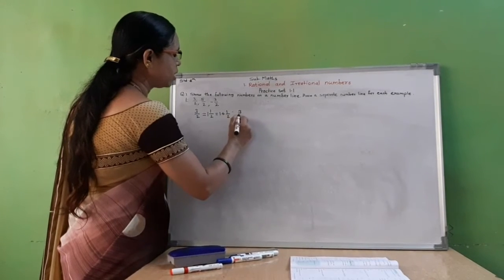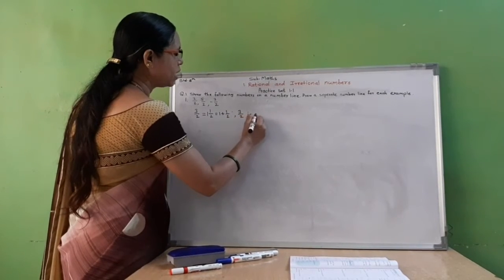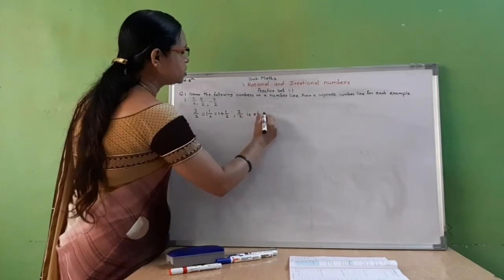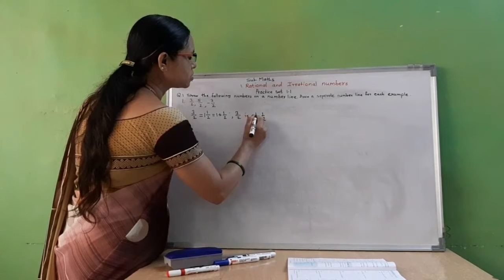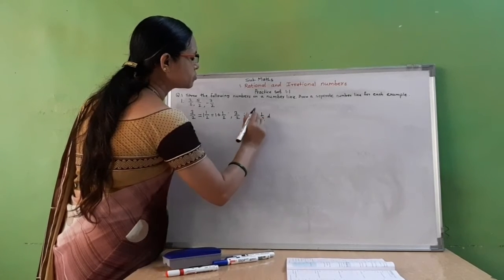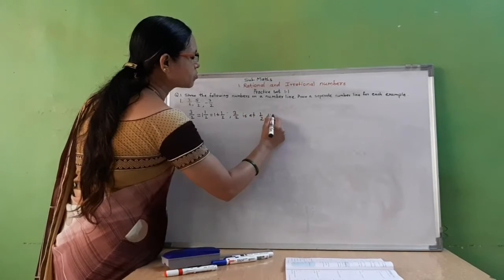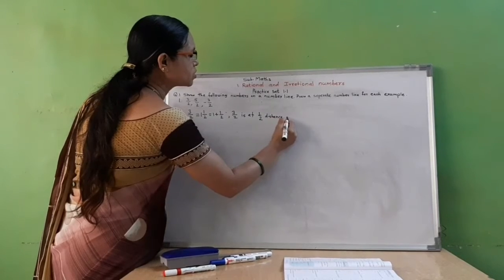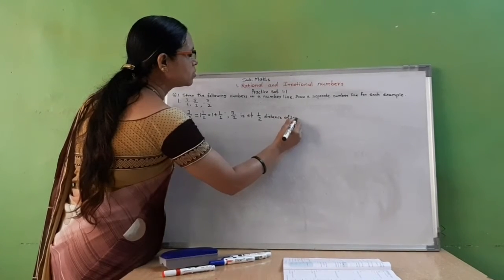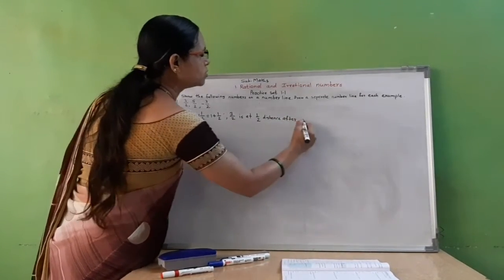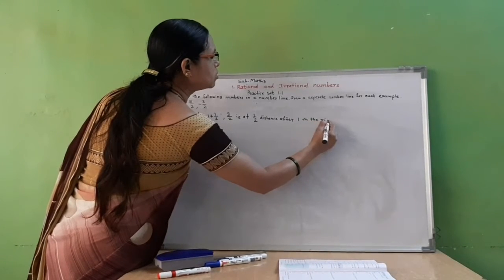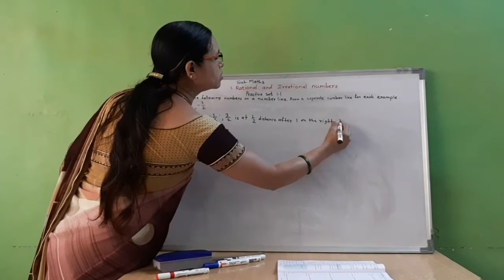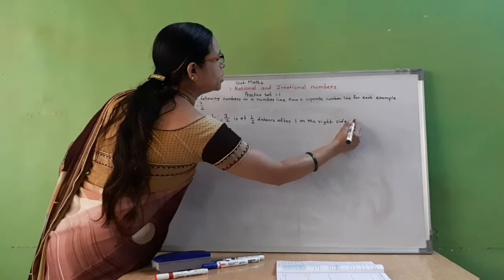Here 3 by 2 is at half distance after 1 on the right side of 0.